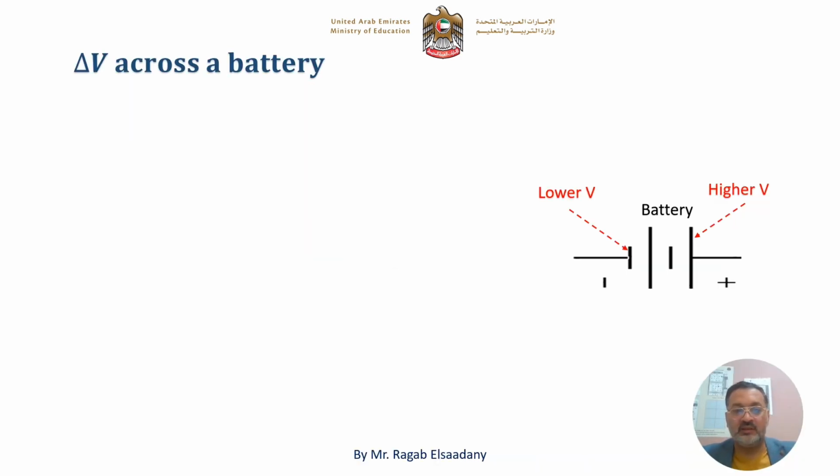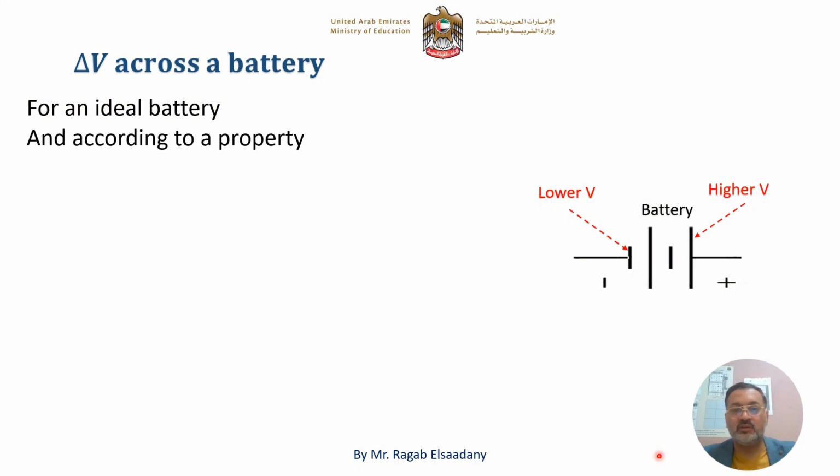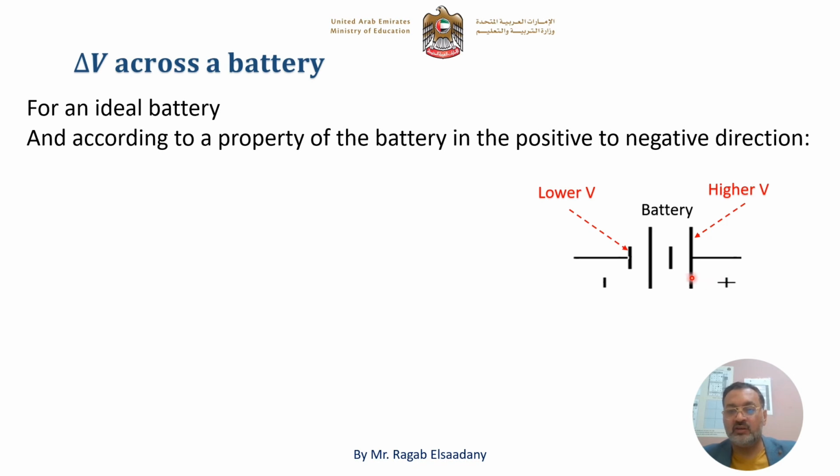And in the opposite case, for an ideal battery, according to the property of the battery, in the direction from the positive terminal to the negative terminal, you know that the higher voltage is the positive terminal and the lower voltage is the negative terminal.